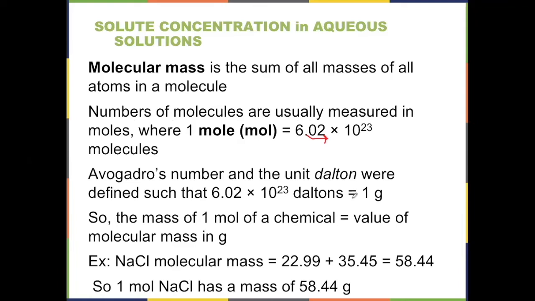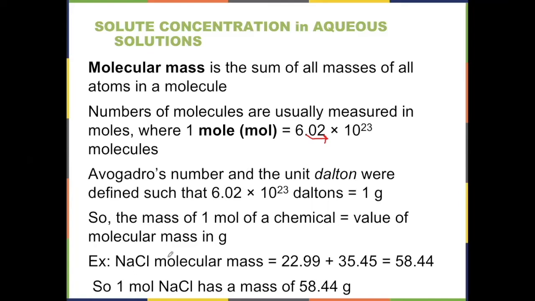Now, the reason that this number is important is because it's defined that this number of Daltons, the mass unit that we were using before, should be equal to 1 gram. So what that means is that 1 gram of a particular substance should have that many molecules in it, right?